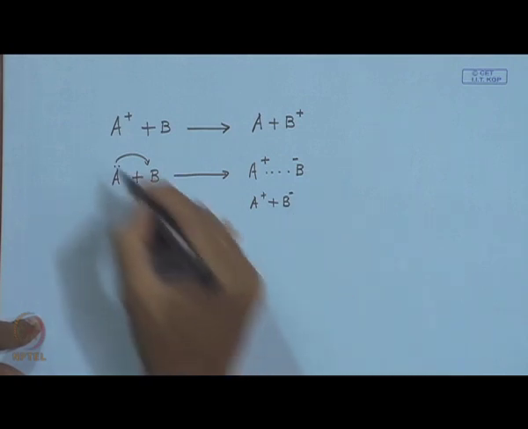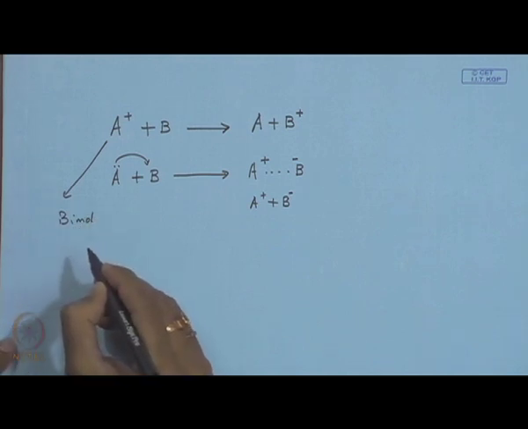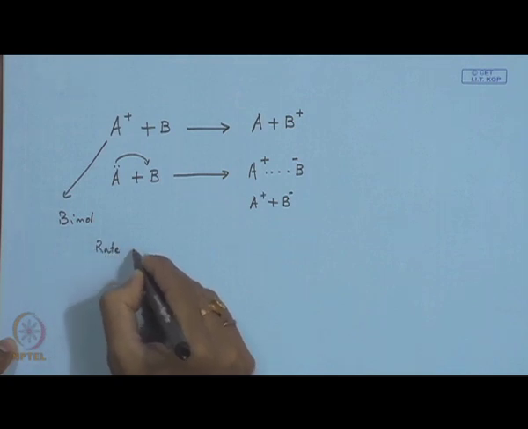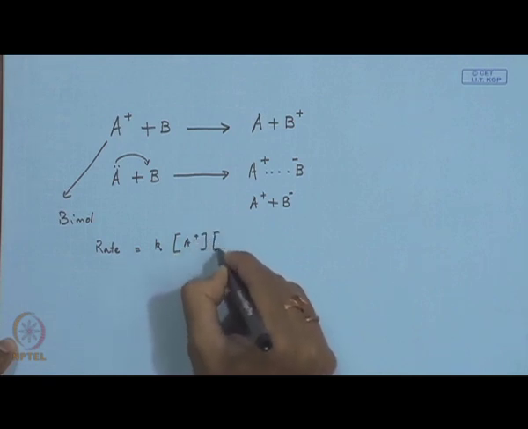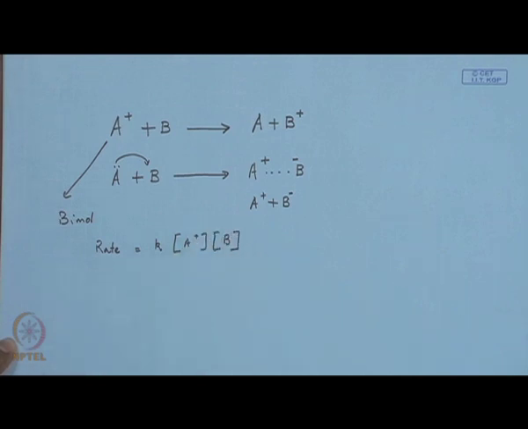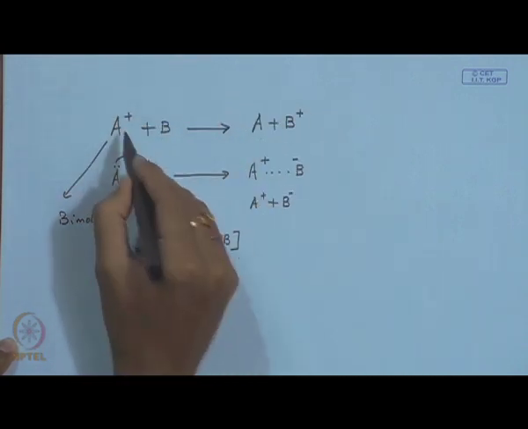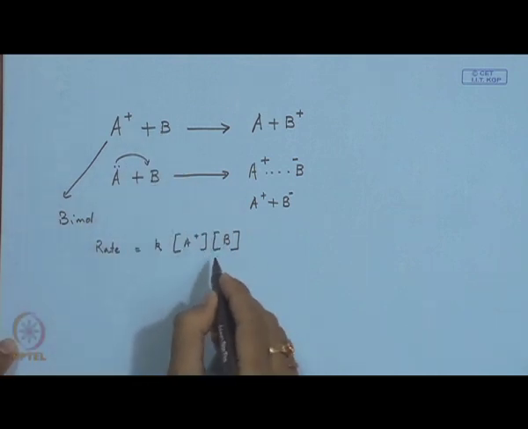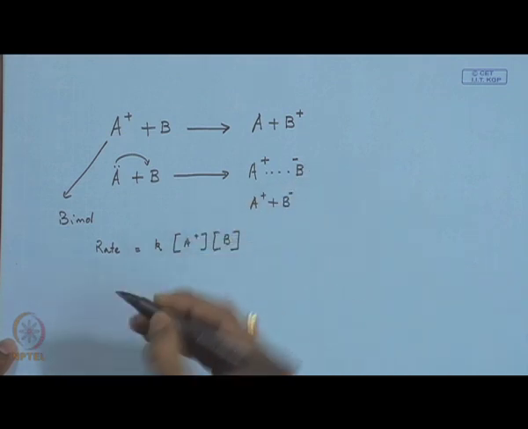So, it is a bimolecular reaction. The rate of the process is equal to k times the concentration of A+ times the concentration of B. If it is an elementary step, since two species are involved, the rate is k times [A+][B]. And likewise, if it is an elementary reaction, you can write it the same way.